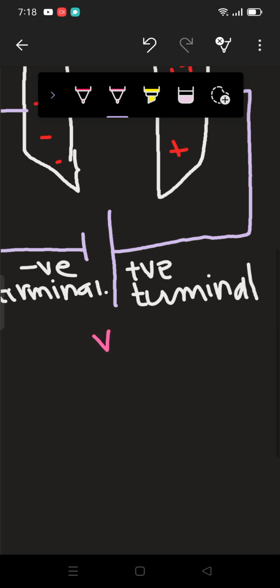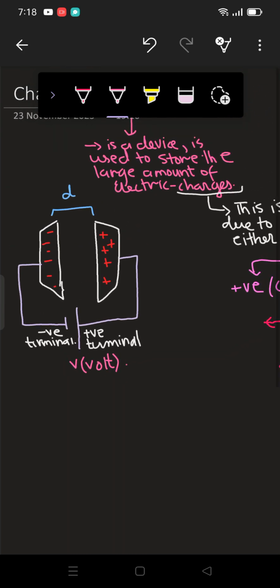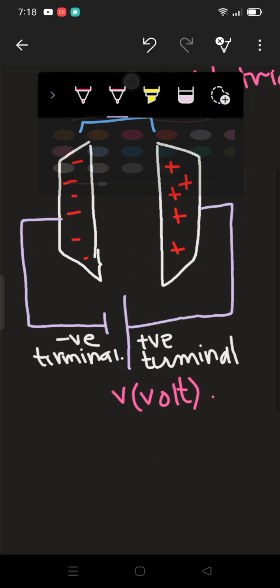The charge will be directly proportional to the voltage.